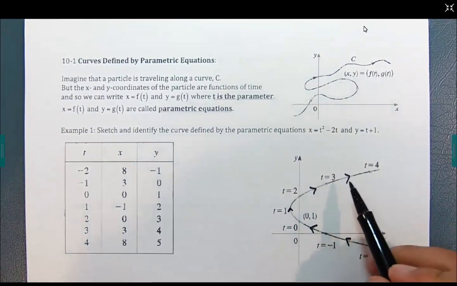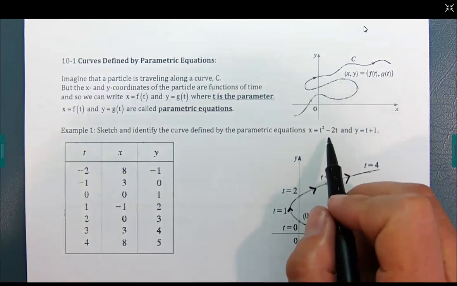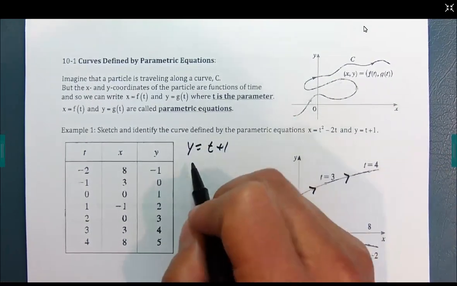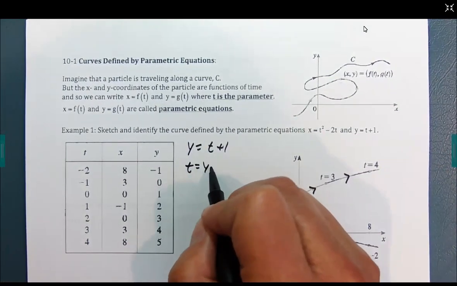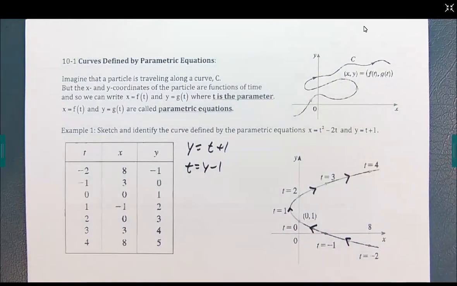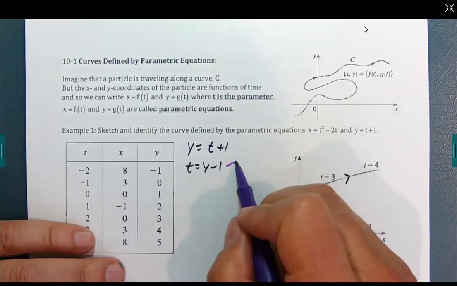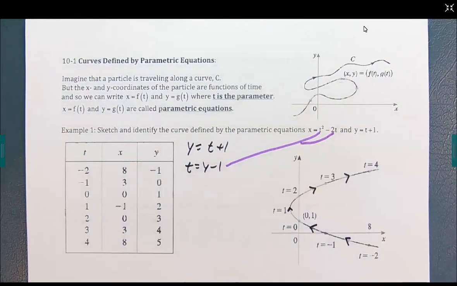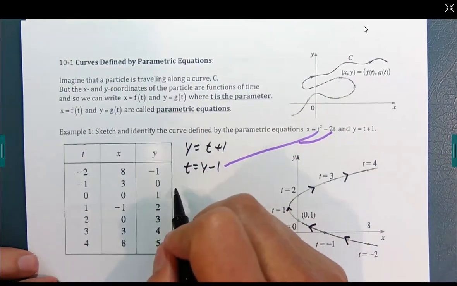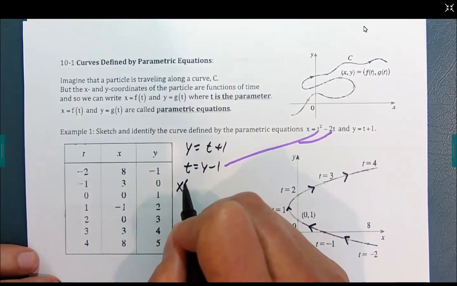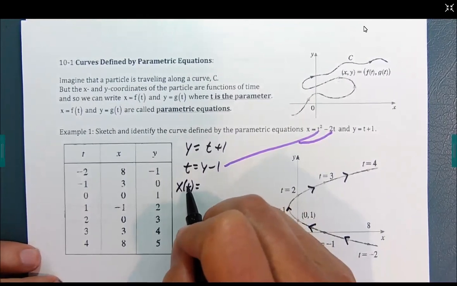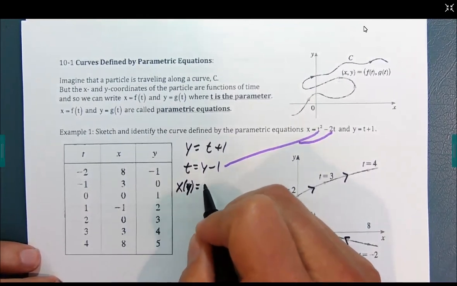Now I want to point out, if I wanted to, I'm hoping you can see that this is a sideways parabola. So I'm going to take the equation y equals t plus 1 and rewrite it as t equals y minus 1. Now I'm going to plug it into here and here, and then we'll be able to see our function. So x was a function of t, it's now a function of y, pardon me.